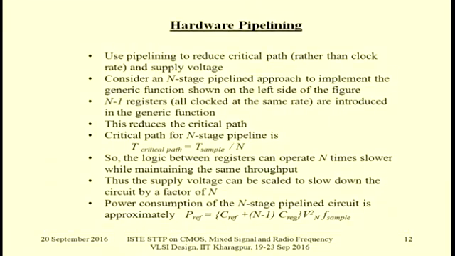The thing is that n-1 registers are introduced. This reduces the critical path. As the critical path is reduced, that means the delay is reduced, and that allows us to make use of lower voltage. Okay, so Vn roughly, theoretically, is 1 by n times the voltage, but again we have neglected the overhead.